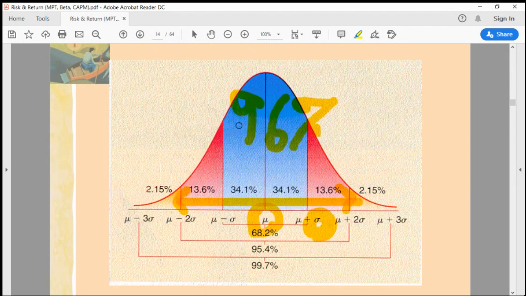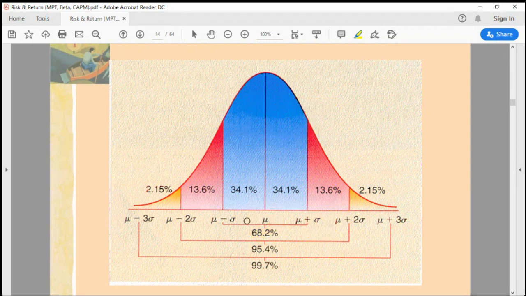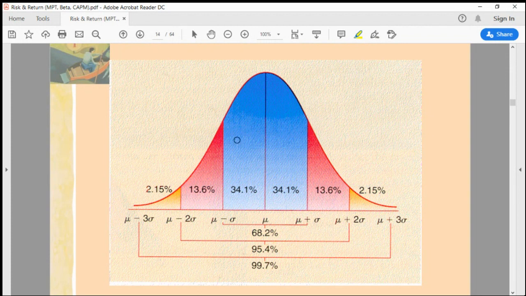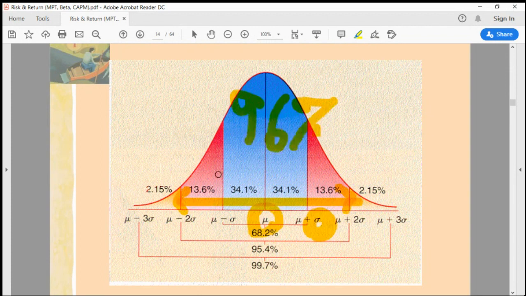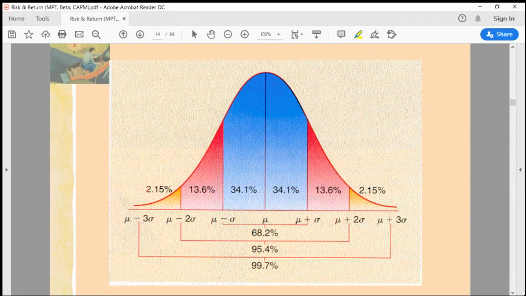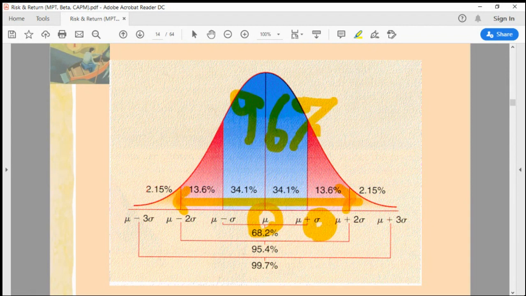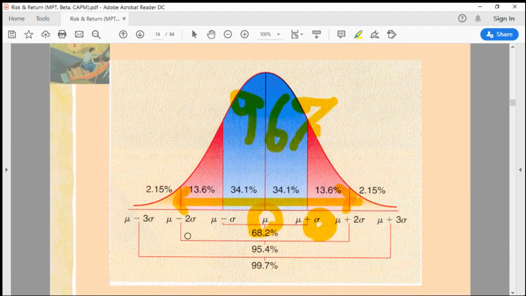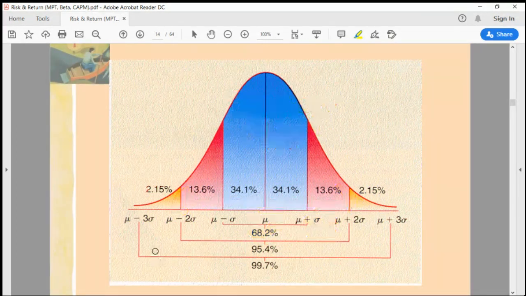Why? Look, two standard deviations is 96%. The probability of falling within one standard deviation around the mean is 68%. The difference is 28%, isn't that right? So half of that, 14%, falls here, and the other 14% falls here. Makes sense?